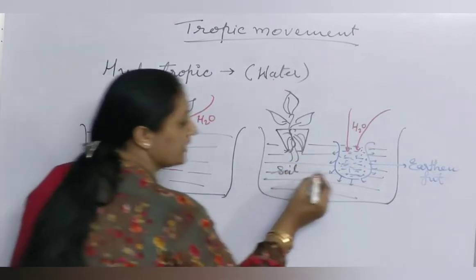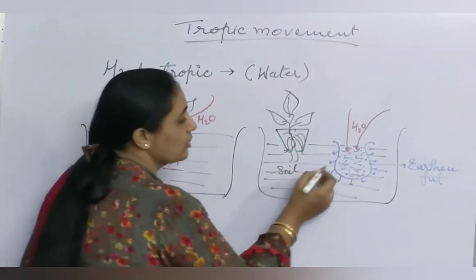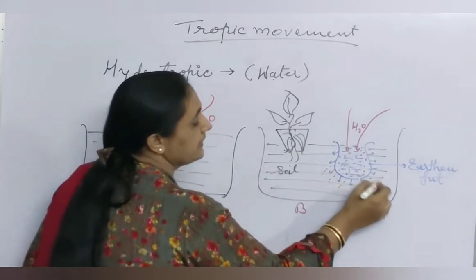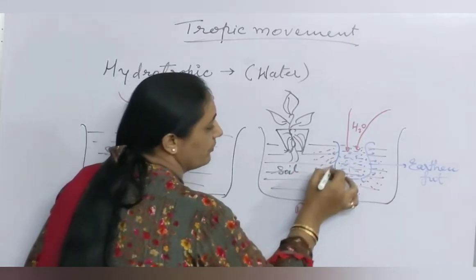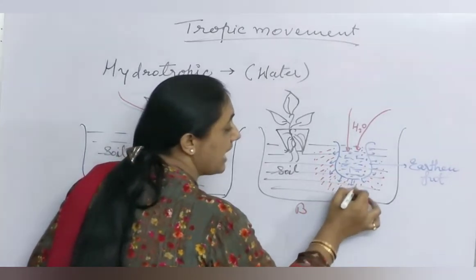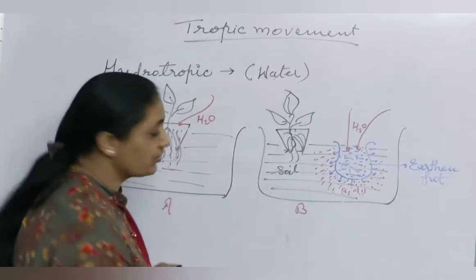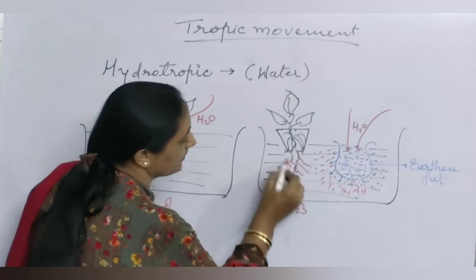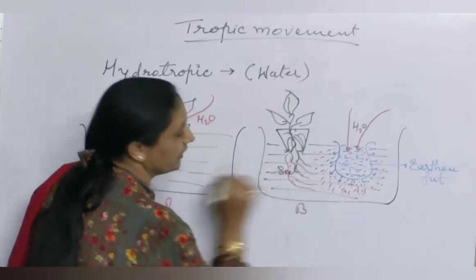As water comes out daily, the soil in pot B is getting water from this region, and this soil has more amount of water. This soil is getting watery. As roots are attracted towards water, they change direction and grow in the direction of water.